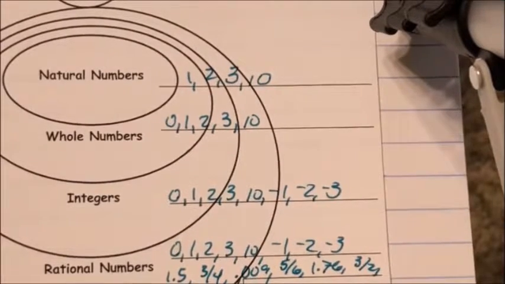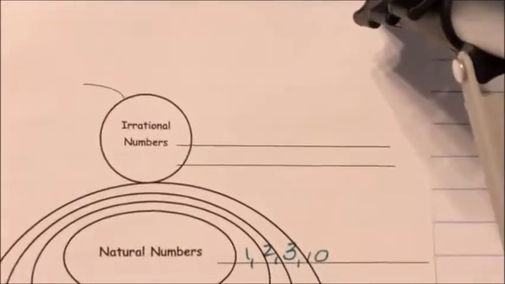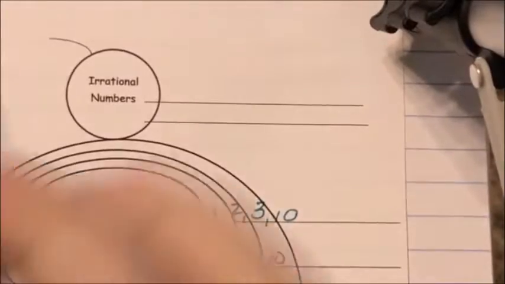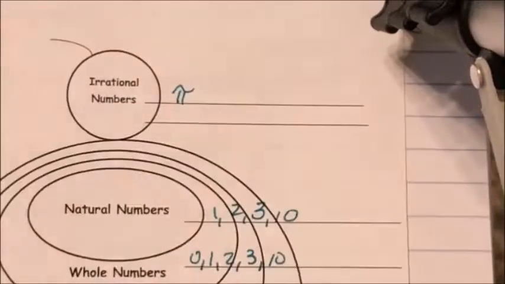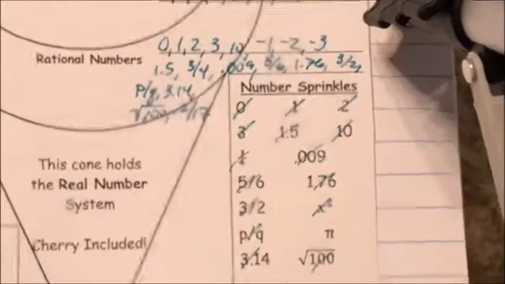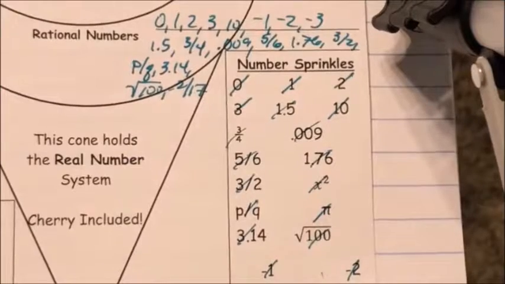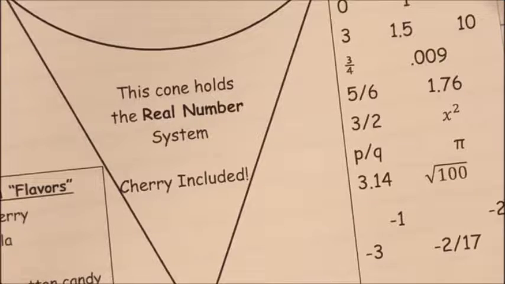Okay. So that means I'm left with irrational numbers, which is my cherry on top. My irrational numbers are pi. Okay. And that's the end of lesson 4.